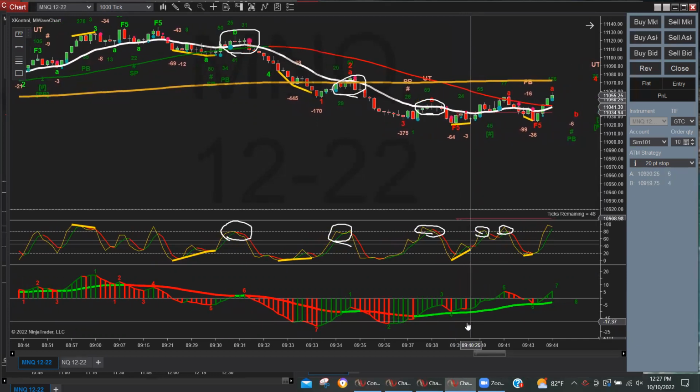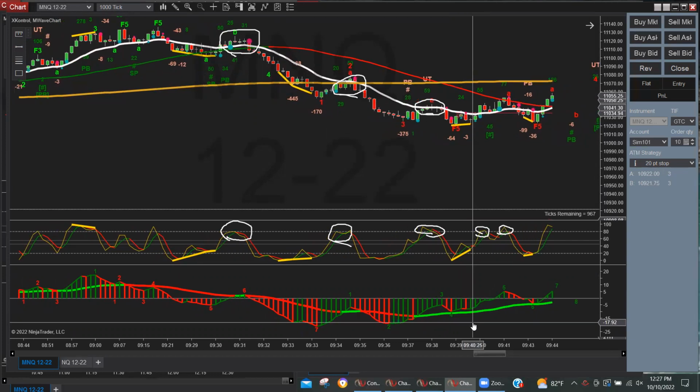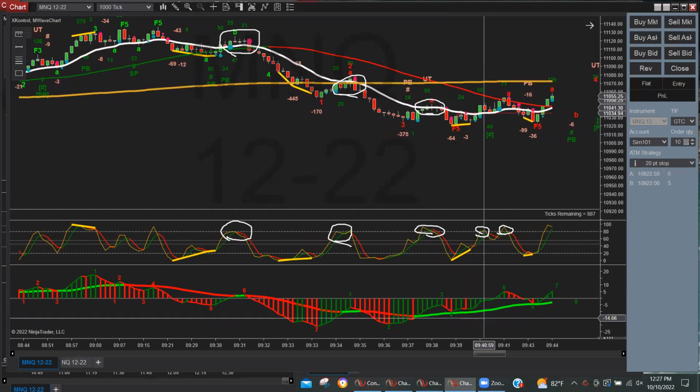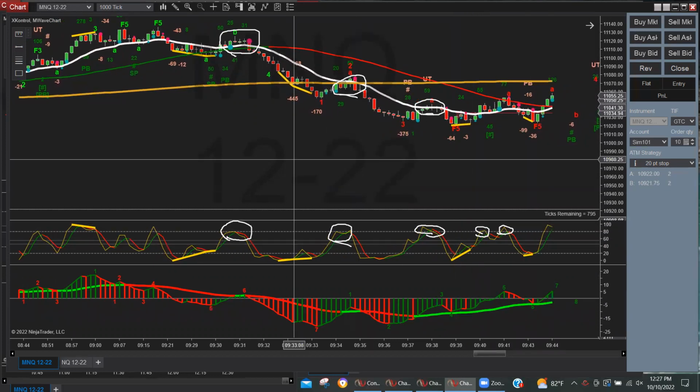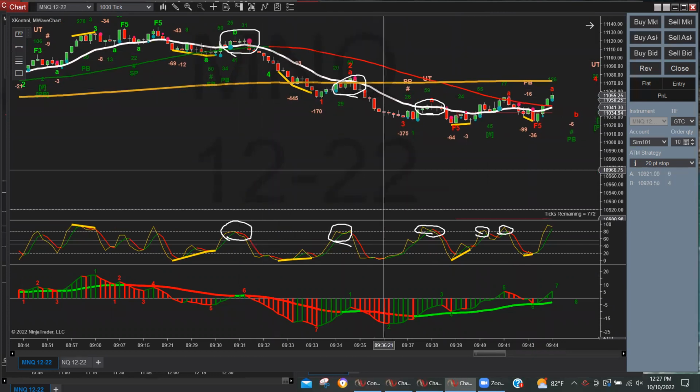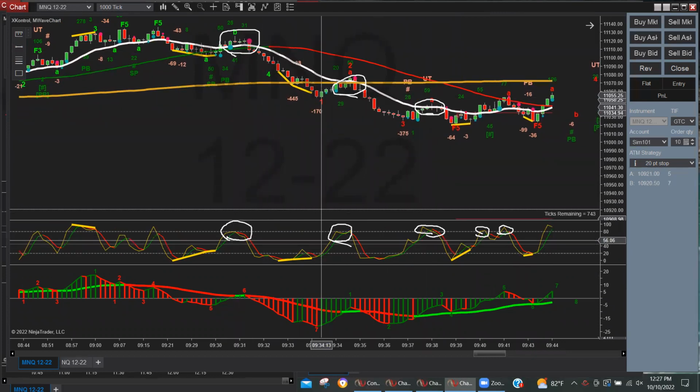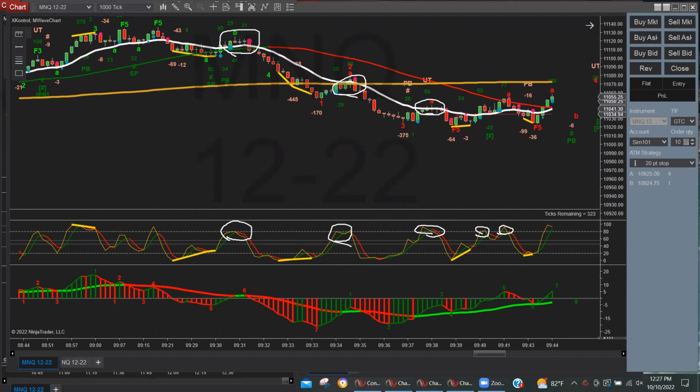Yeah, that did. So this one too, but this didn't do it yet. All right. So just looking at these circled areas, because that's where we had a cycle high, cycle high, cycle high, cycle high, cycle high. Right? Move the circle so you can see it. Okay. All right. So this first one.